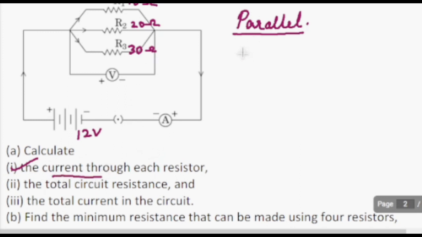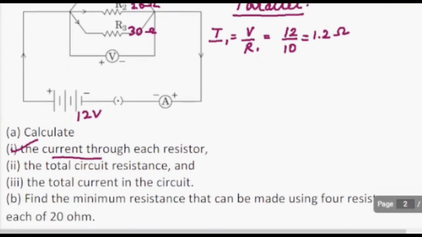According to Ohm's law, we know that I is equal to V by R. So we can take the first one as I1. I1 is equal to V by R1. V is constant here, 12 volt is available for all. So 12 by 10, that is 1.2 ampere. Then I2 will be V by R2, 12 by 20, right?